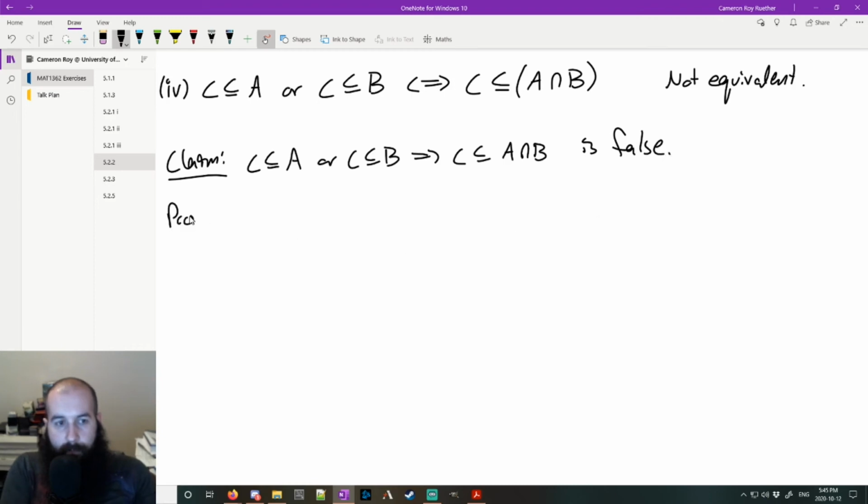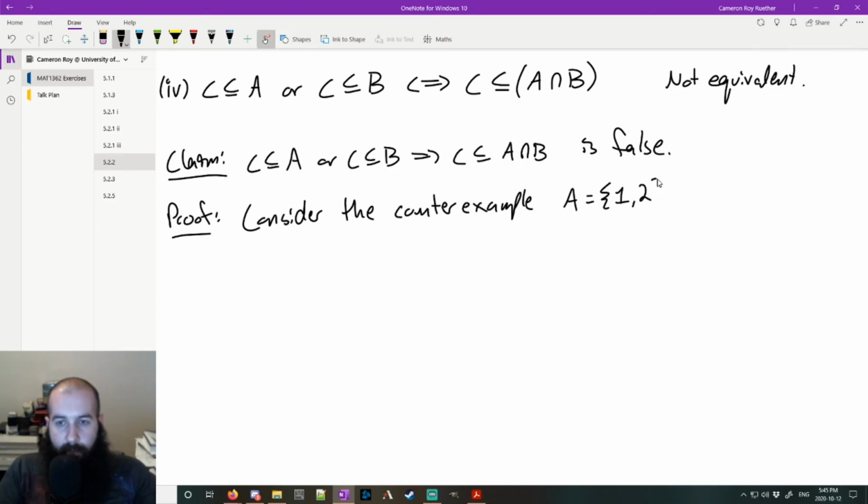So proof, consider the counterexample. A is going to be the set {1, 2}. B is going to be the set {2}. And C is going to be the set {1}.